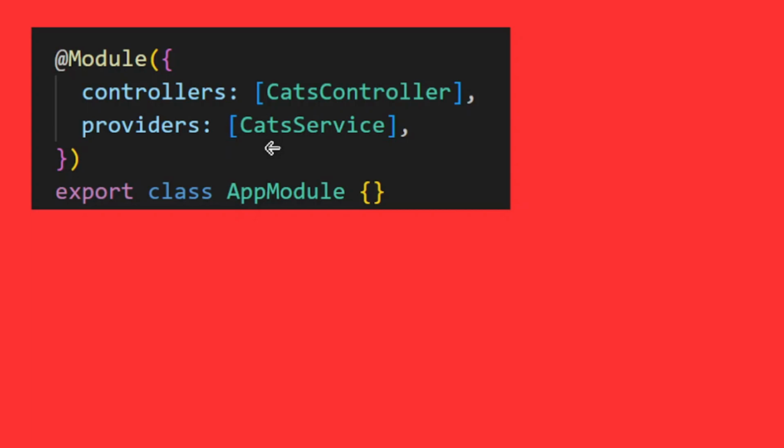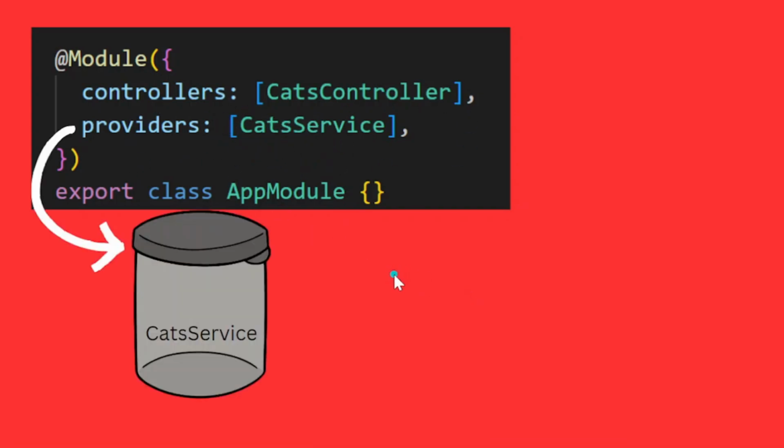So what does this provider actually do? What does putting this cat service in this array of providers do? It registers it, creating the instance of the cat service within the IOC container of NestJS. IOC means inversion of control. There is an inversion of control container within the NestJS framework which registers all of the instances of the providers which are to be injected into the controllers of the entire application.